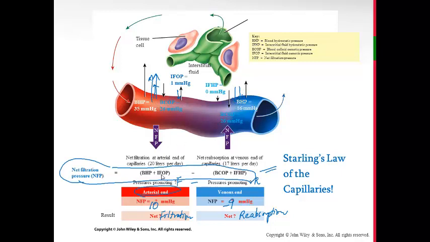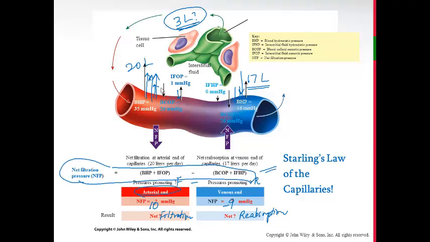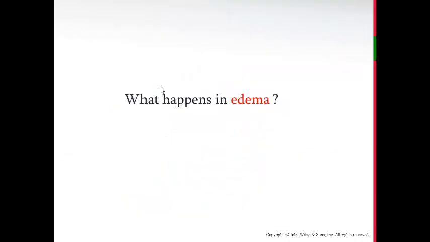Every day you will filter out 20 liters of solution, and about 17 of them will return. So it is a very, very important system. And we're going to take a look at what happens to the remaining 3 liters of fluid. Let's take a look at something called edema.